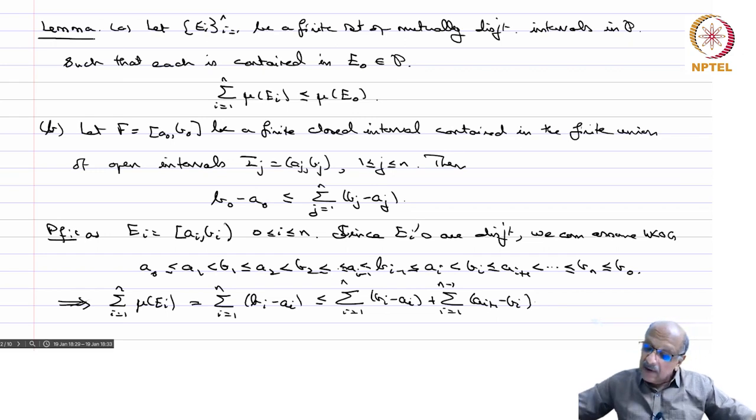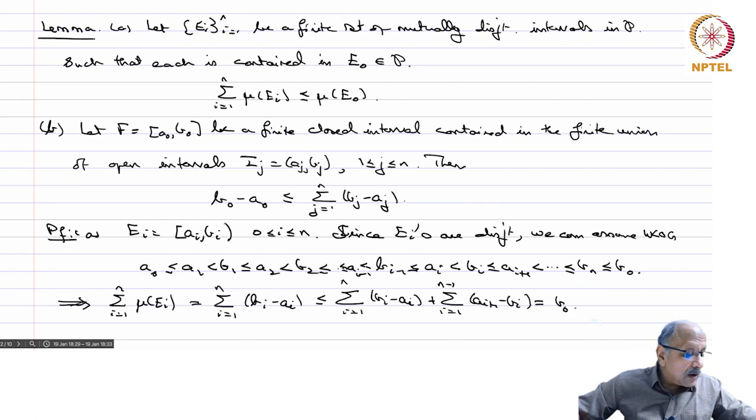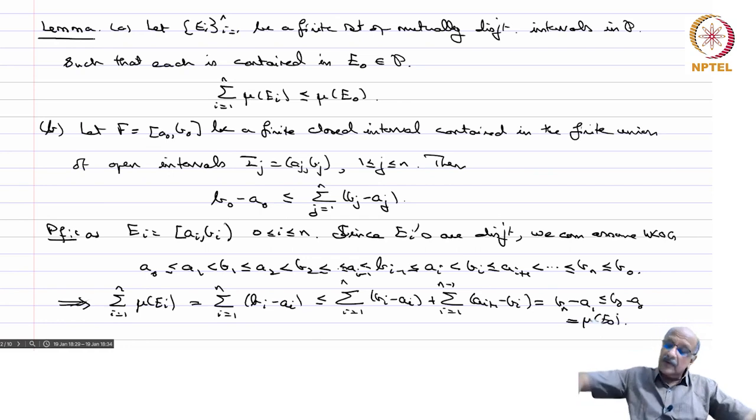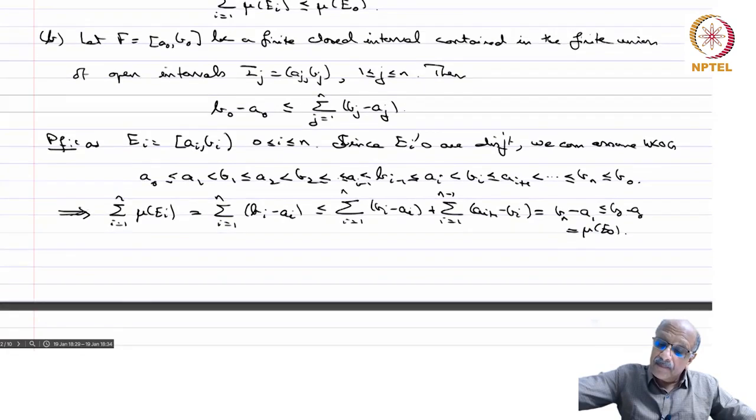And then this telescopic sum becomes b_n minus a_1, and that is less than or equal to b_0 minus a_0, which is mu of E_0. Okay, so that proves A.